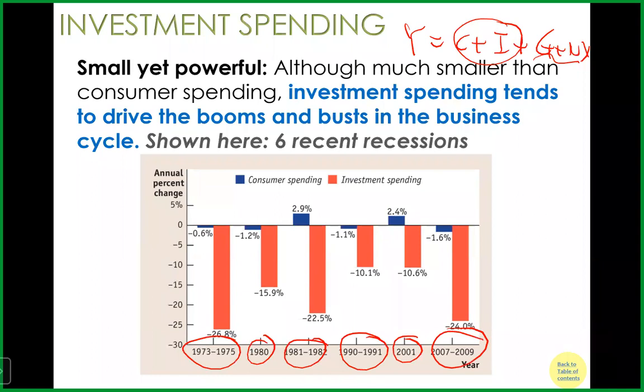What is common in these 6 episodes? Can anyone see any similarity between them? 1933 to 1935, 1980 to 1983, 1990 to 1991, 2001, 2007 to 2009.